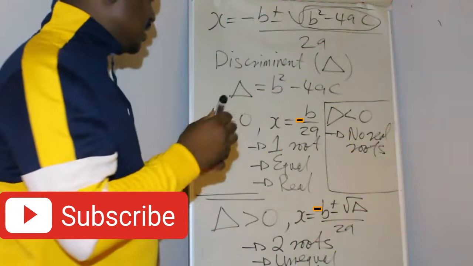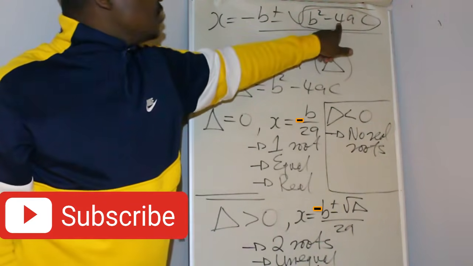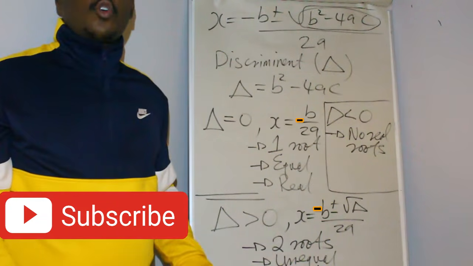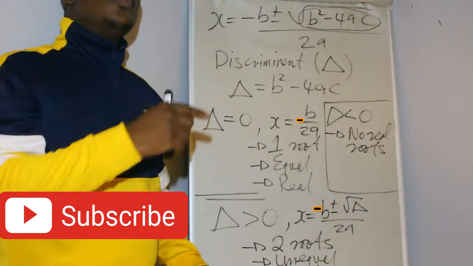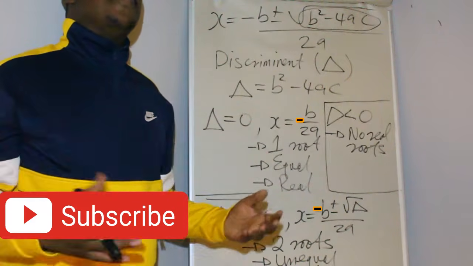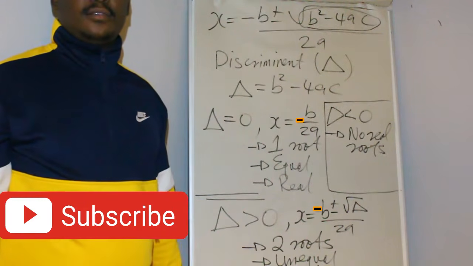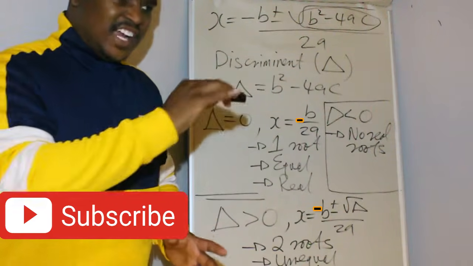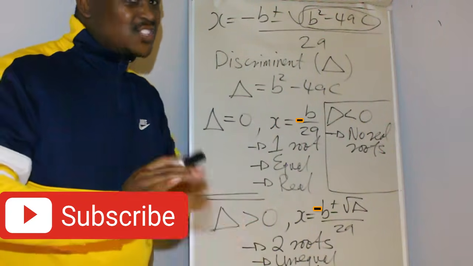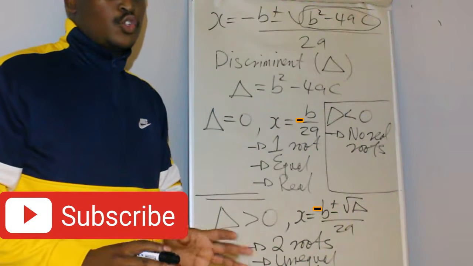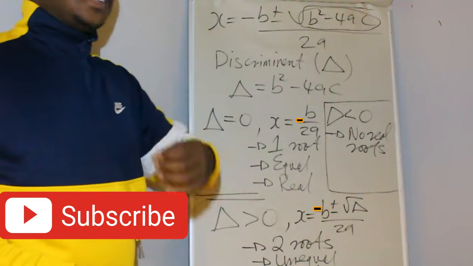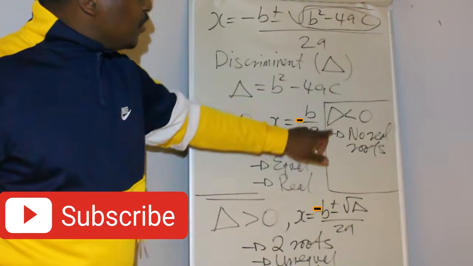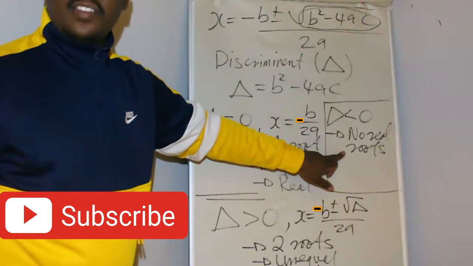The answer that you will get when you have a negative sign here is not a real number, because you don't have a real number that is the square root of a negative something. Because the square root of 2 is 1.4 whatever, but the square root of negative 2, nah, that's not a real number. So if you continue with it, you'll find that there's something called complex numbers, then you continue with them. So if your discriminant is less than 0, it means you don't have real roots.